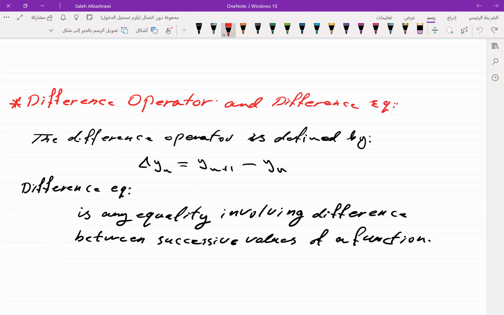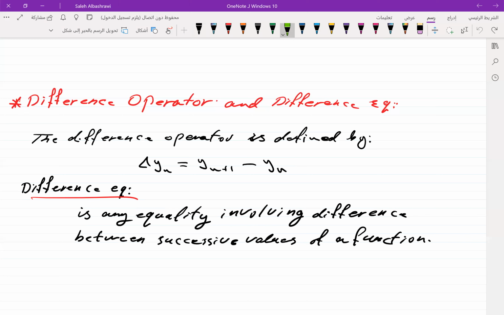We call this a difference equation. It is any equality involving the difference between successive values of a function. Before giving an example about a difference equation, let's deal with the difference operator.